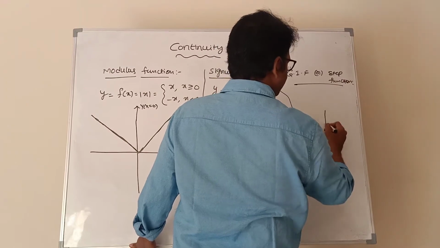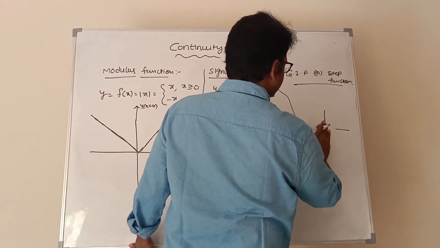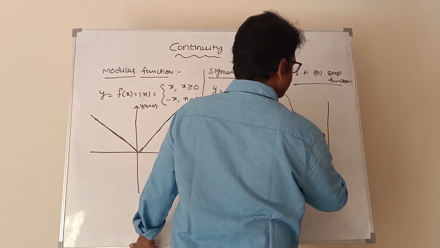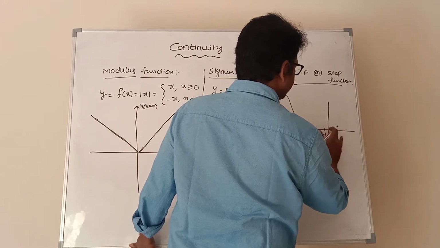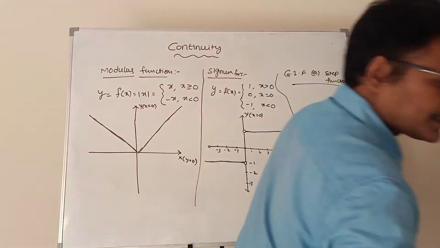So what is the shape of the graph? Otherwise I will draw one more graph here.